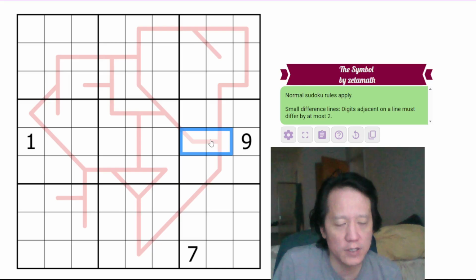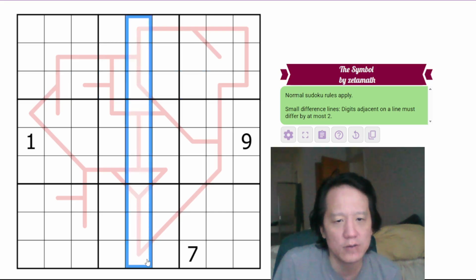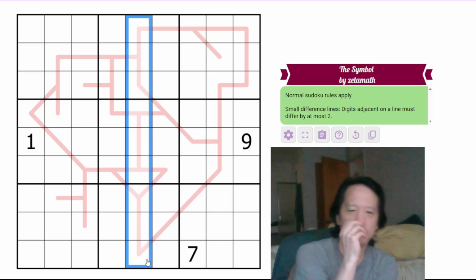So 1 cannot be here. There's nothing that covers the whole row or the whole column here. There's nothing that covers whole boxes either.